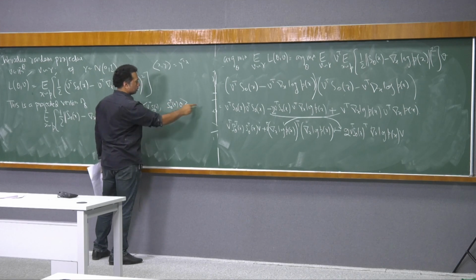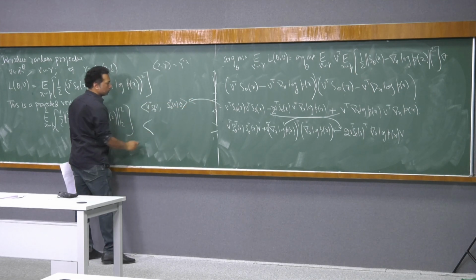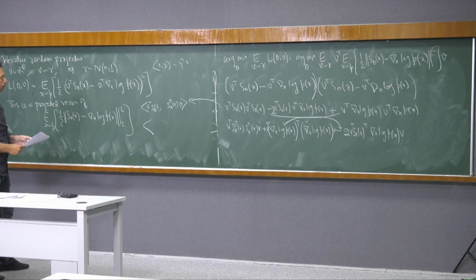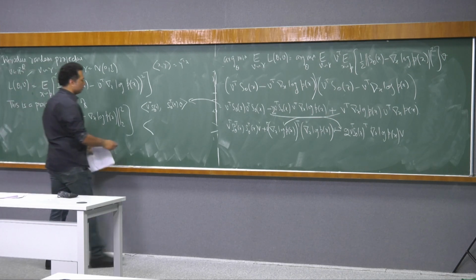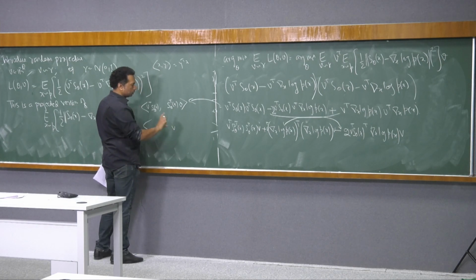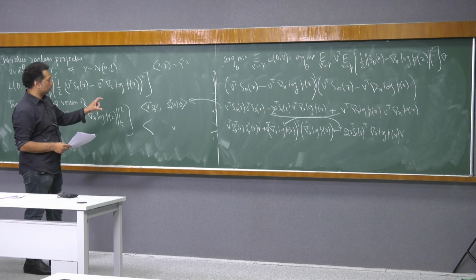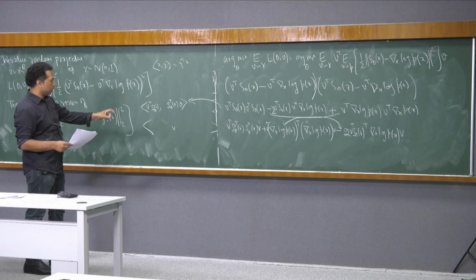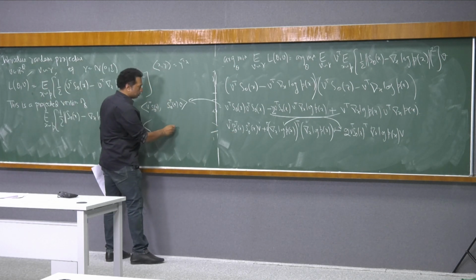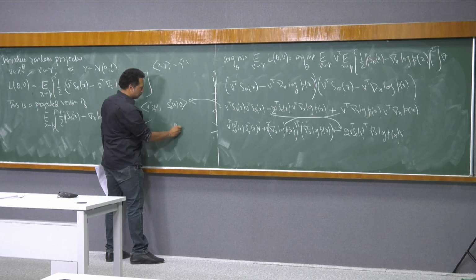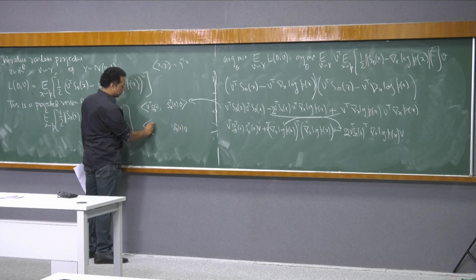So this guy is this, and if I look into this guy, this is v, and because if I take the transpose it will come to that side, this is v transpose s theta times v transpose s theta, that's right. And here the transpose should come here, so v, and let us say this is s theta x v, and here we put s theta transpose x v.